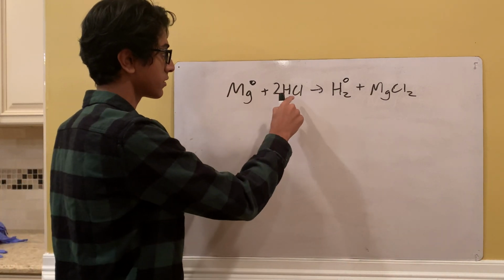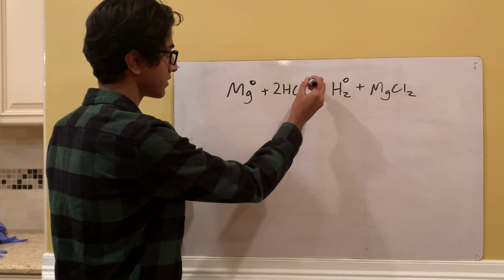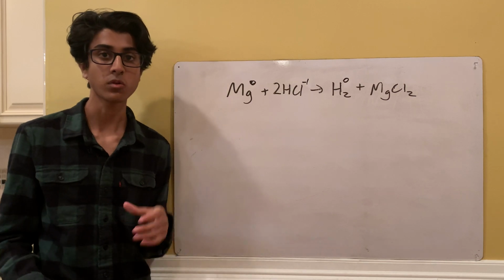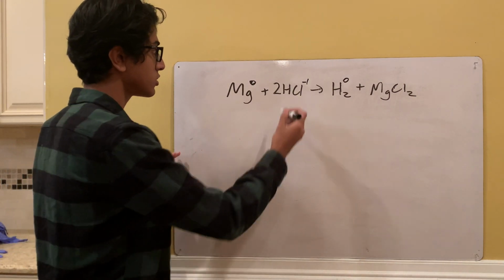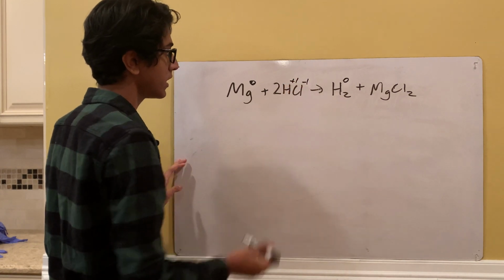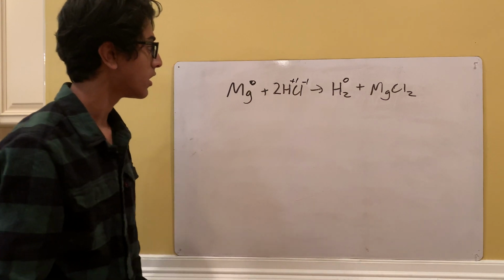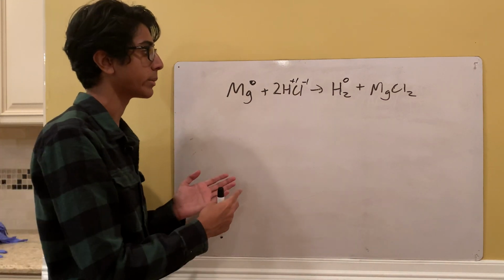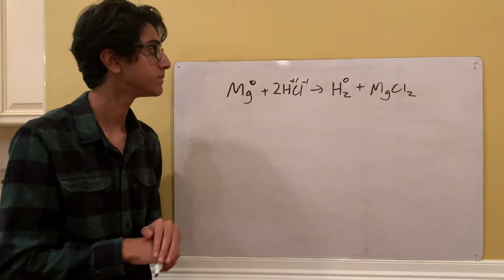And over here for HCl, Cl has a -1 oxidation state. We can know this by just looking at where Cl is on the periodic table. And H is a +1. And you can see if you add +1 to -1, we get 0, and we're following the rule there that the oxidation states have to cancel out to 0.